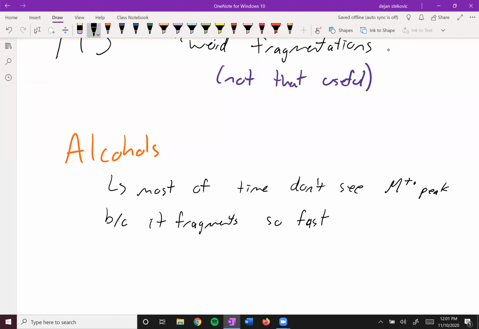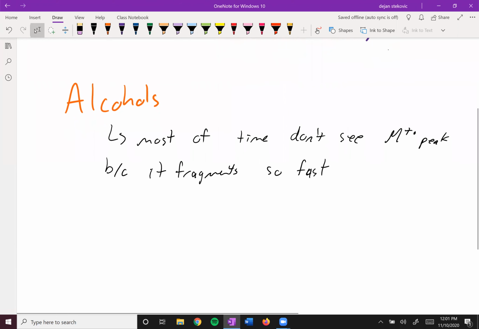So if you Google the mass spectra of some compounds that contain alcohols, oftentimes you won't actually see your molecular ion peak. I'm only going to use examples where you can see the molecular ion peak. I'm not going to try to trick you and give you a mass spec that doesn't indicate the molecular ion peak.